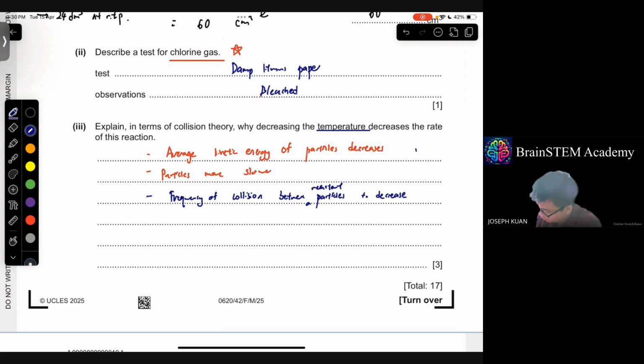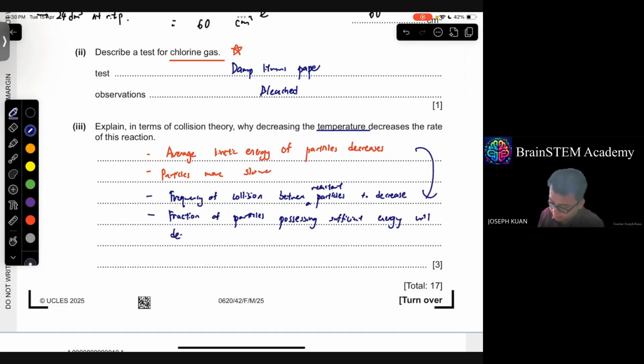Simultaneously, it also lowers the fraction of particles possessing sufficient energy, the activation energy, to react. This fraction will be much lower. And ultimately, both of these lead to the frequency of successful collisions between reactant particles decreasing tremendously.